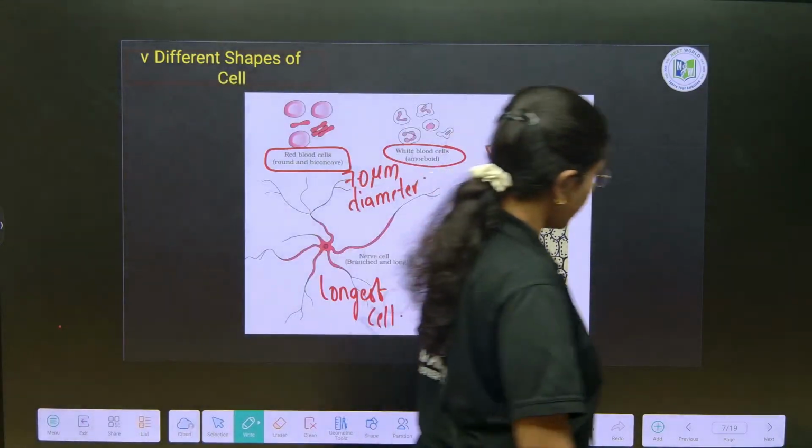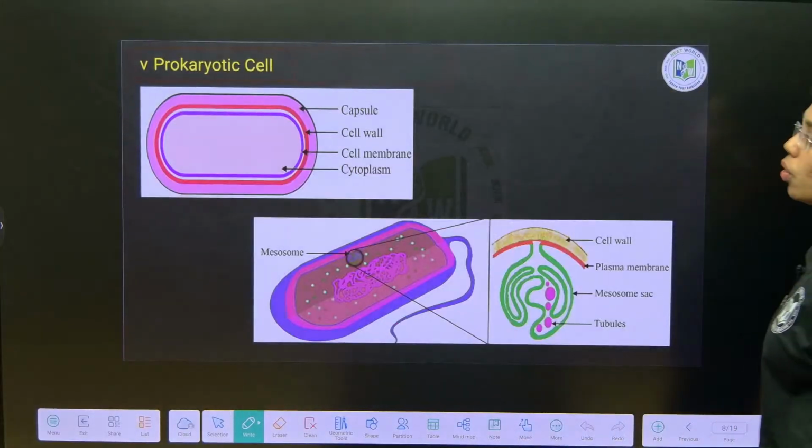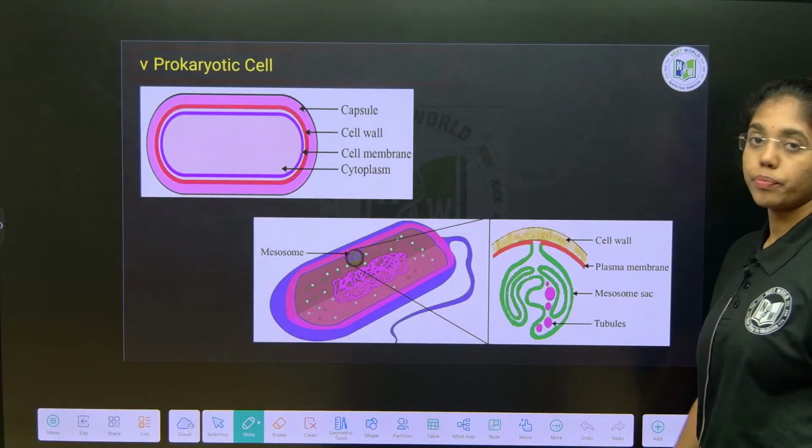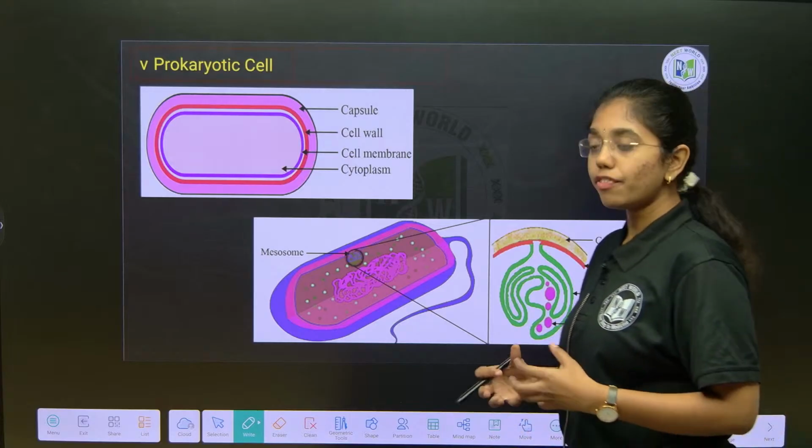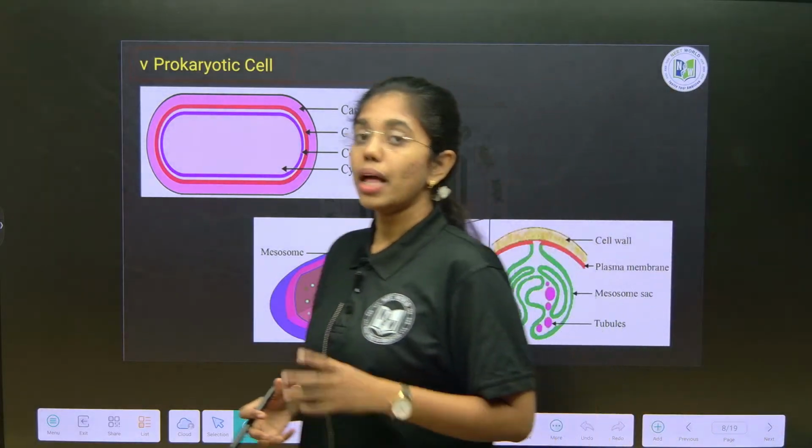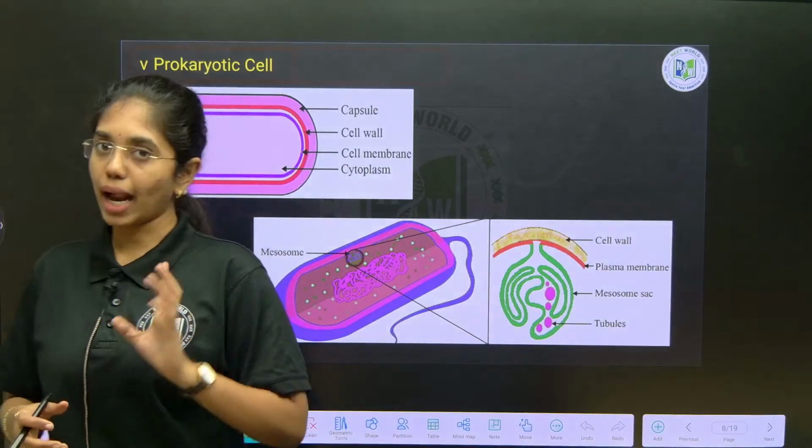And here we go with the prokaryotic cell. First we will look into its structure, then we will learn about gram staining.